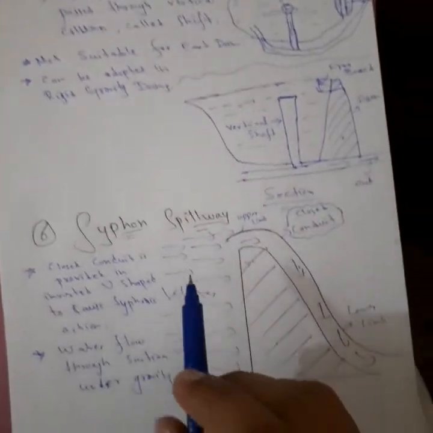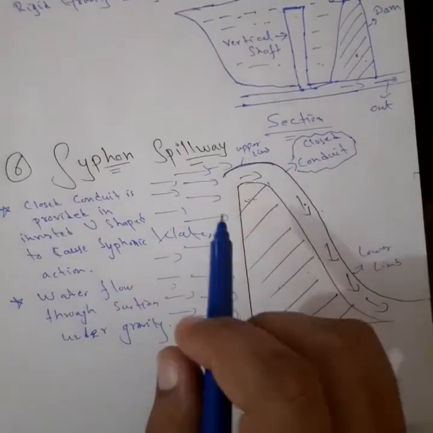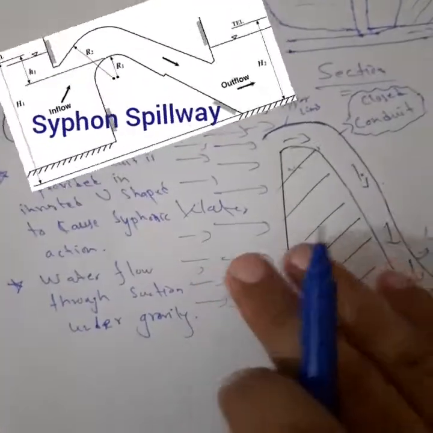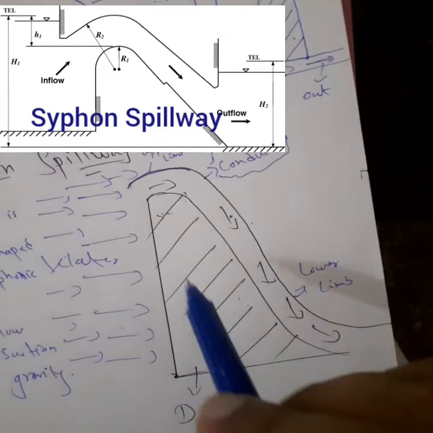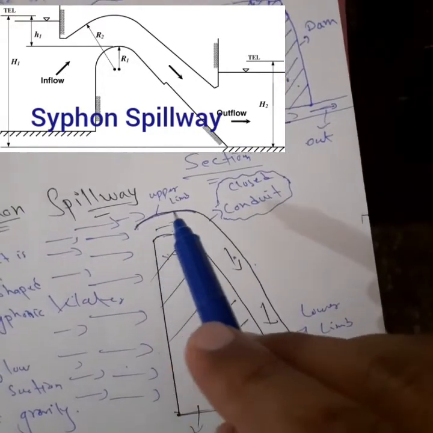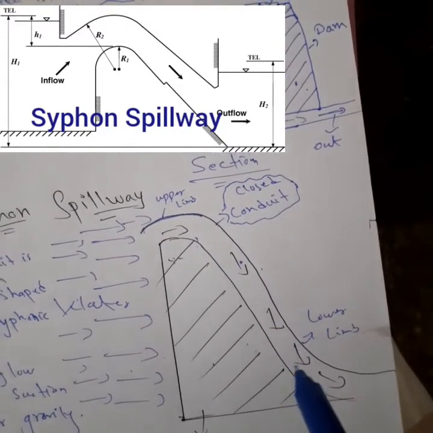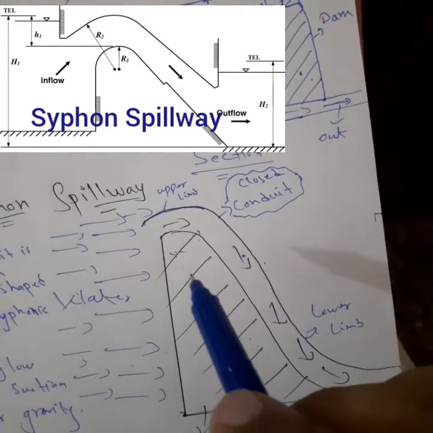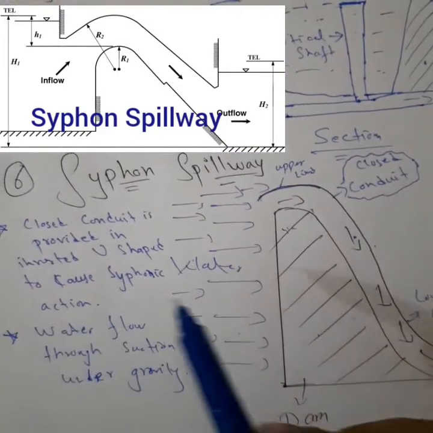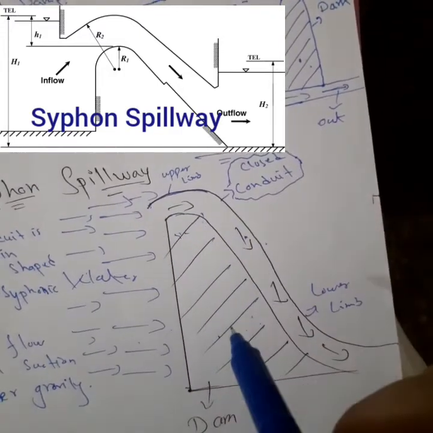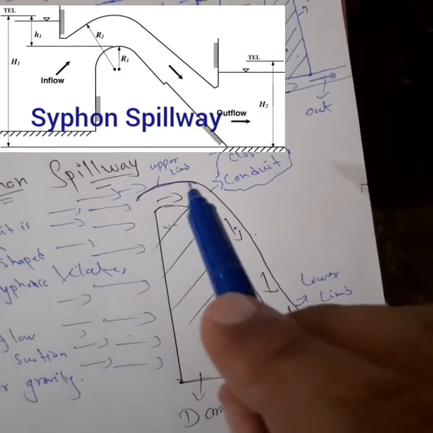And the sixth one is the siphon spillway. You can understand from the name. This is a solid, closed conduit, maybe of any material. This is the water, and this is the top of the crest of the dam, and there is the closed conduit.